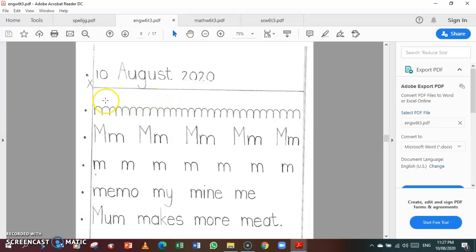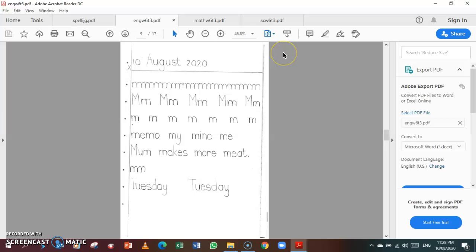You will skip 2 lines and draw your pattern. Then you'll skip 1 line and start with your capital and your small. Copy the sheet exactly as you see it over here.